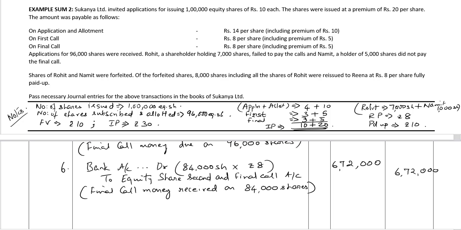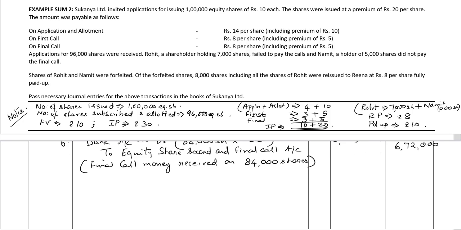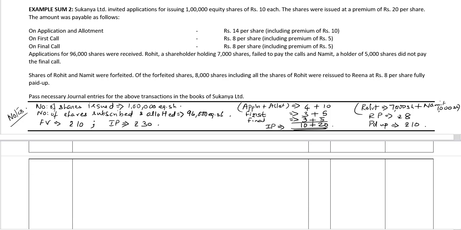The next entry is to forfeit the shares. We need to forfeit Rohit's 7,000 shares as well as Namit's 5,000 shares. Equity share capital account debit.